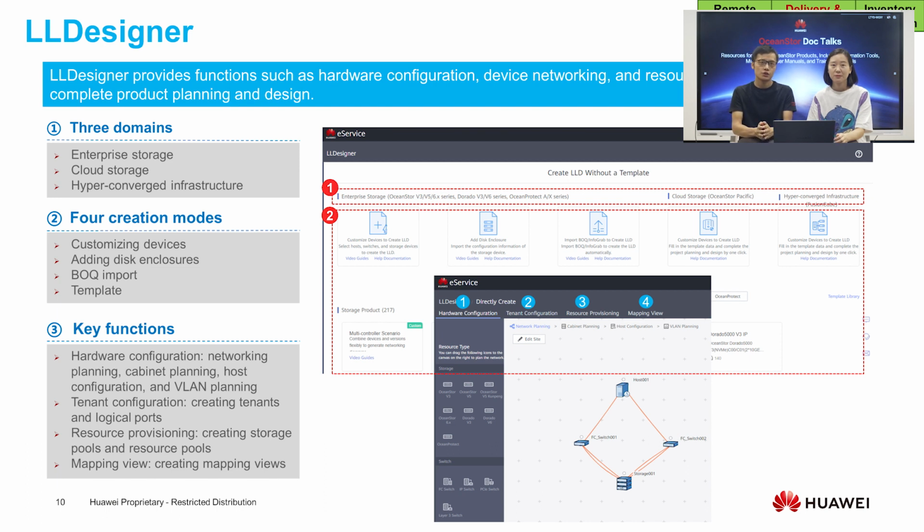For enterprise storage, you can export documents such as basic networking diagrams, front-end and back-end cable connection diagrams, and cabinet diagrams. You can also export CLI commands used for creating storage pools and LANs so that engineers can directly import devices to create resources.